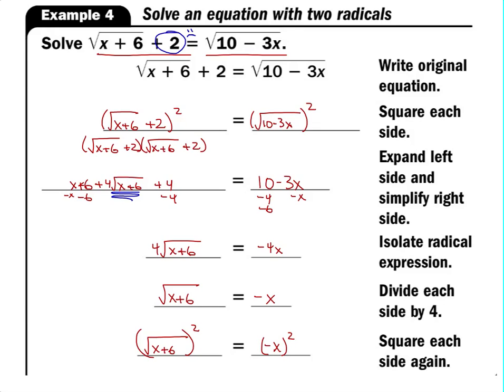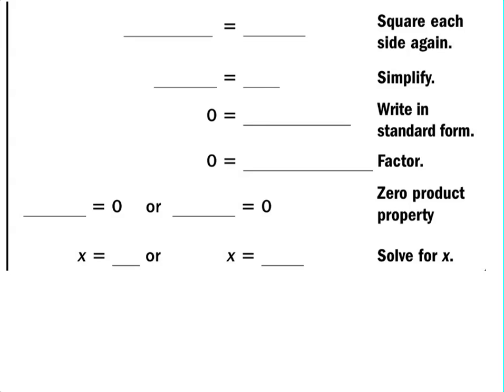Now I need to move on to a different sheet because I've run out of room. So bear with me just briefly here. This is the same line I just had before: square root of x plus 6 squared equals negative x squared. Now that was already on your sheet if you were with me.